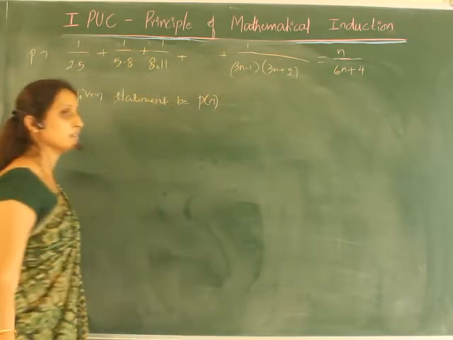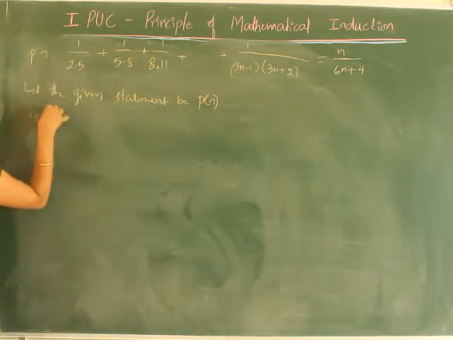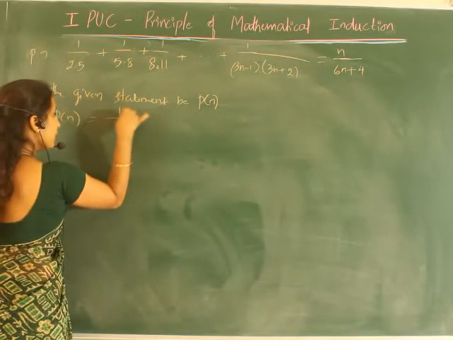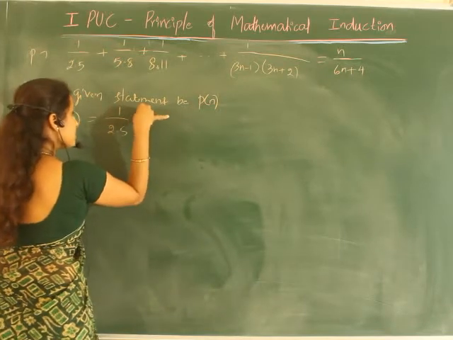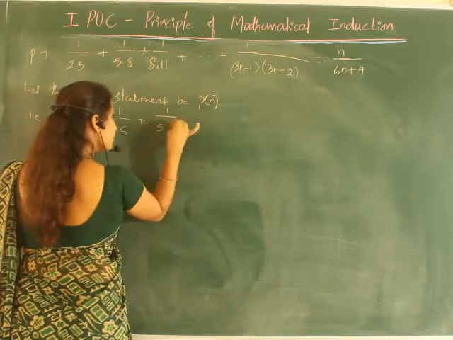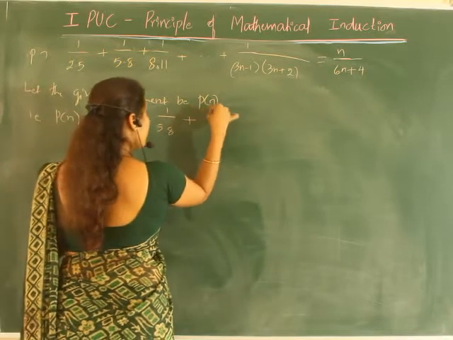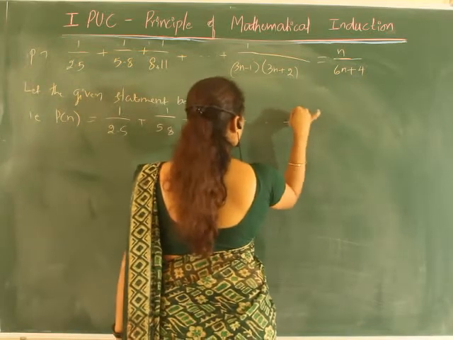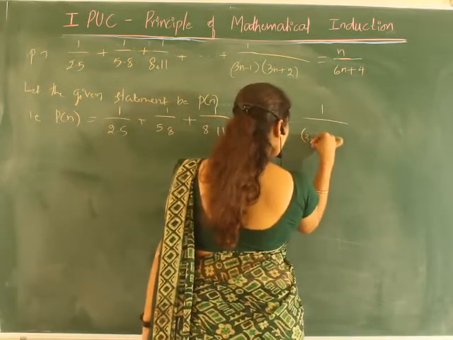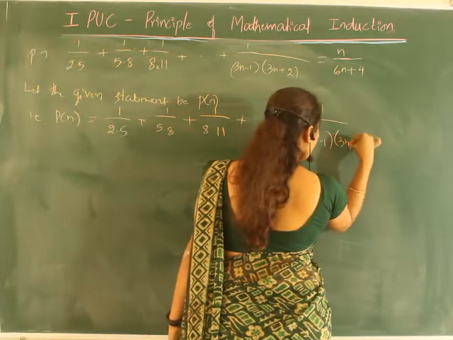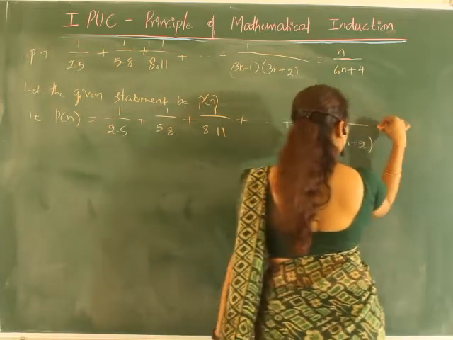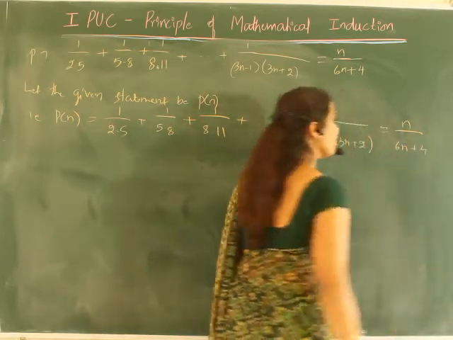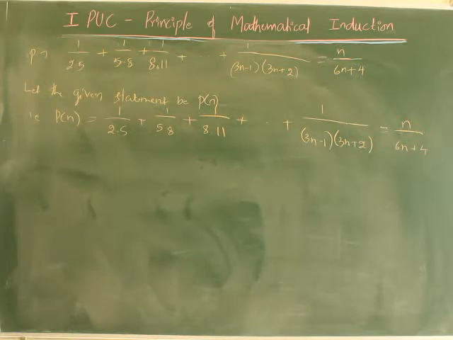P of n is equal to 1 by 2 into 5 plus 1 by 5 into 8 plus 1 by 8 into 11, and so on up to 1 by 3n minus 1 into 3n plus 2, equal to n by 6n plus 4. So this is the given statement.